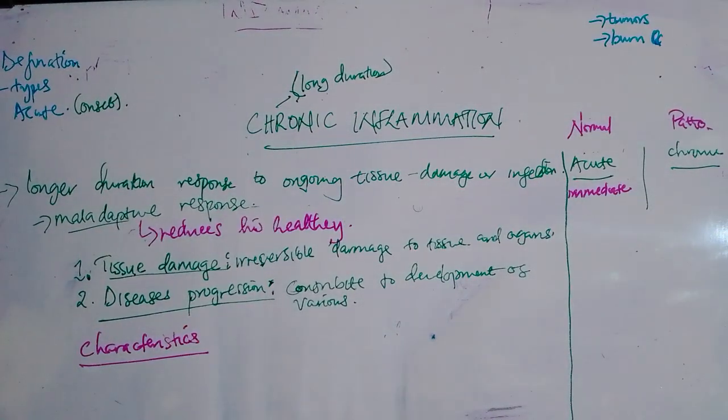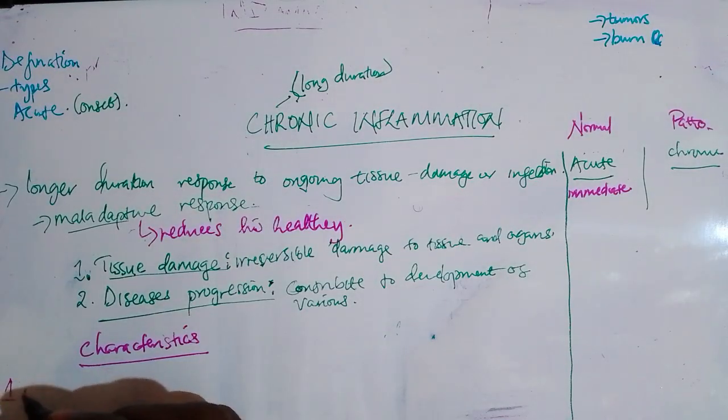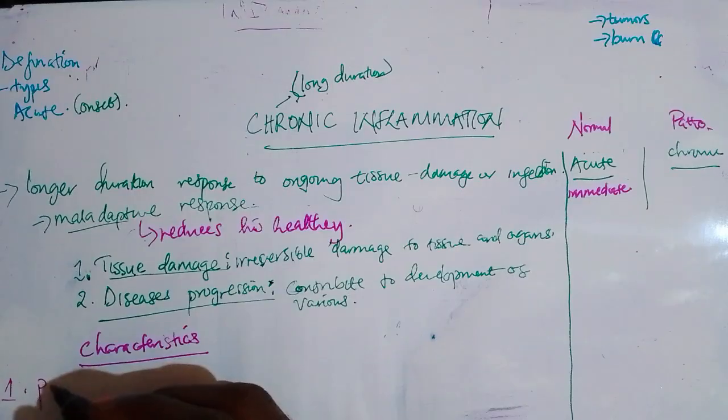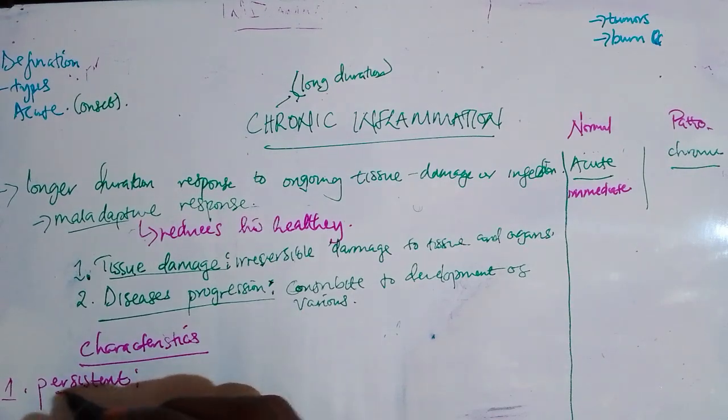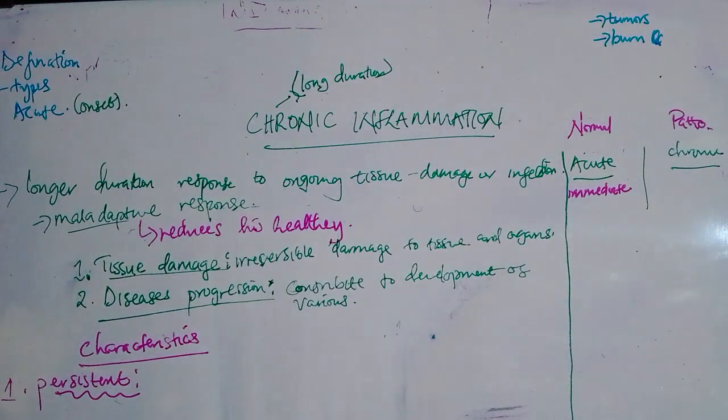So remember the characteristics we talked about in acute, and we also have some characteristics which differentiate chronic from acute. One, it is what? Persistent. What do we mean when something is persistent? So remember, acute, we say that it is what?